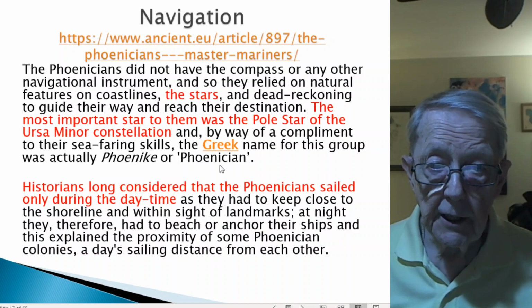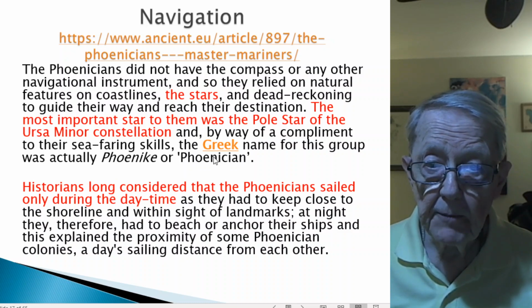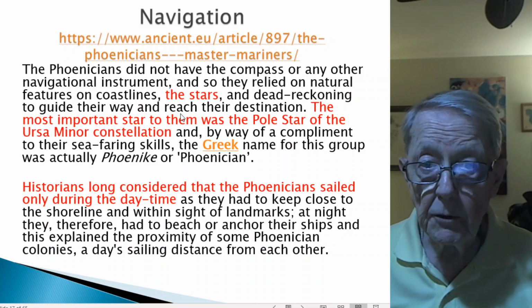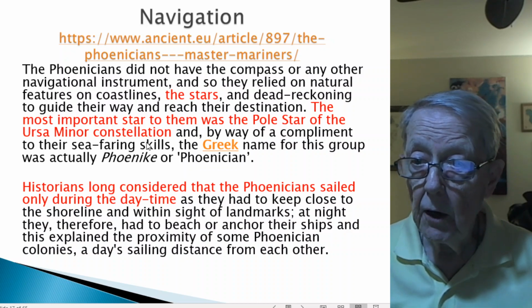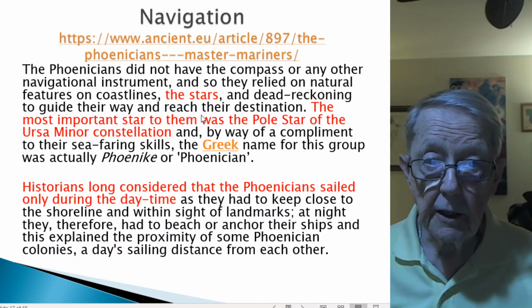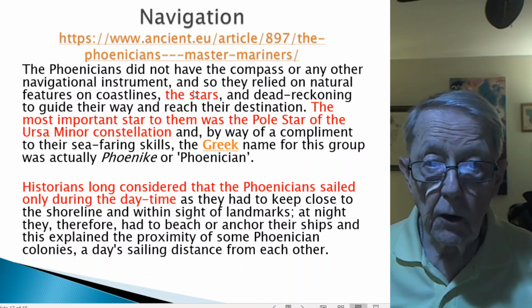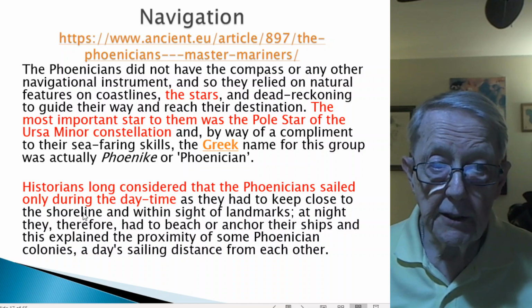I don't know if I said that right, or Phoenician. So the Greeks named the pole star for these people who were so accomplished at sailing the seas. So they claim they used the stars.